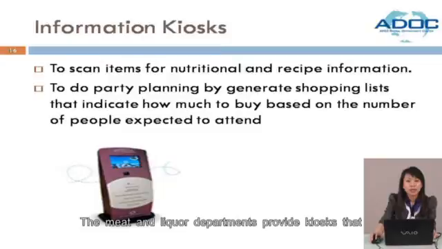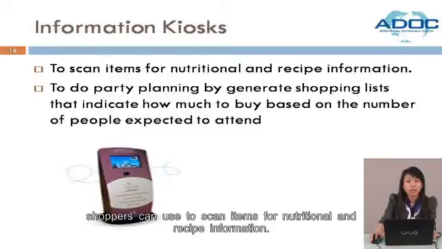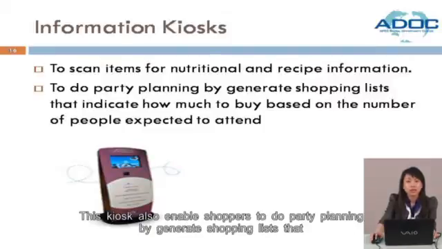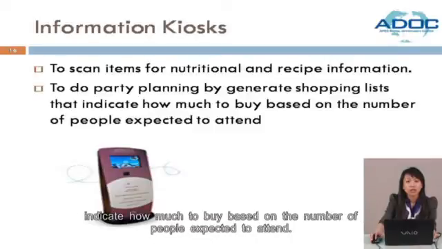The meat and liquor departments provide kiosks that shoppers can use to scan items for nutritional and recipe information. This kiosk also enables shoppers to do party planning by generating shopping lists that indicate how much to buy based on the number of people expected to attend.